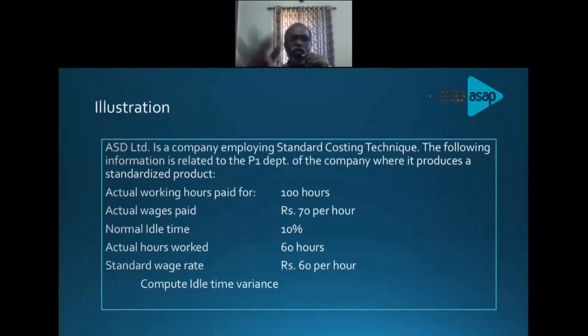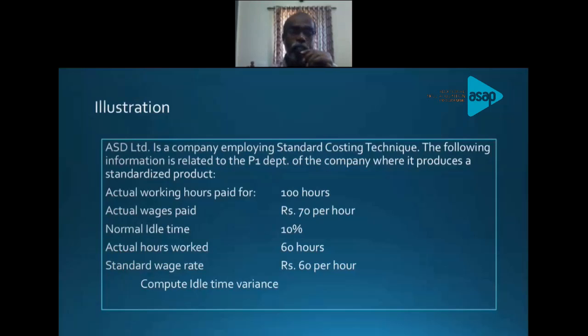You take down: actual working hours paid for is 100 hours. And actual wages paid is rupees 70 per hour.